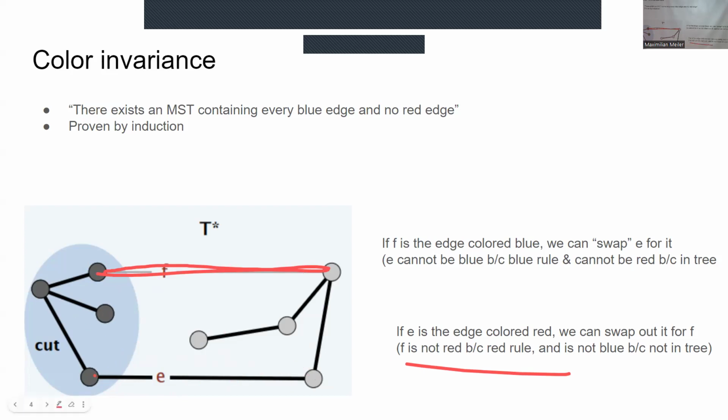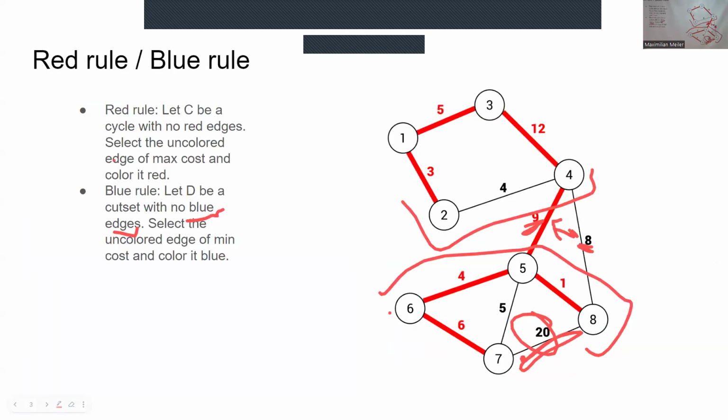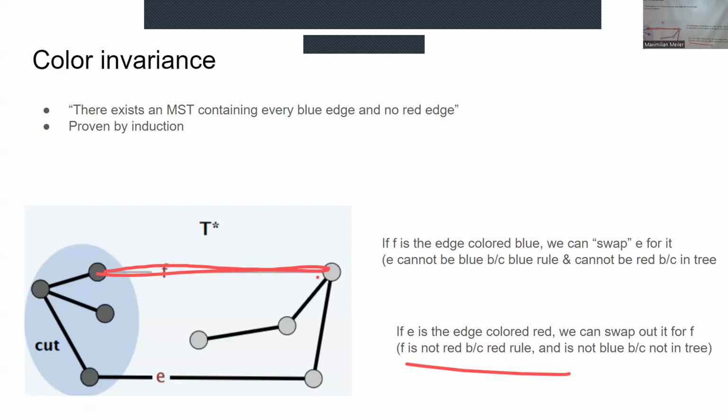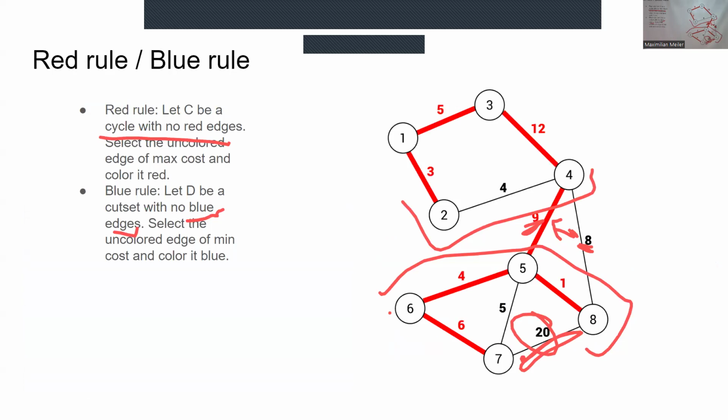The red rule says that in a cycle, that cycle must have no red edges. So if you are applying the red rule to this cycle and coloring E red, there's no way that F could also be red. And it also can't be blue because it's just not in the tree. So I don't know if you'll actually have to know this, but it might still be a nice exercise to walk through, just recognizing the consequences of these two rules.